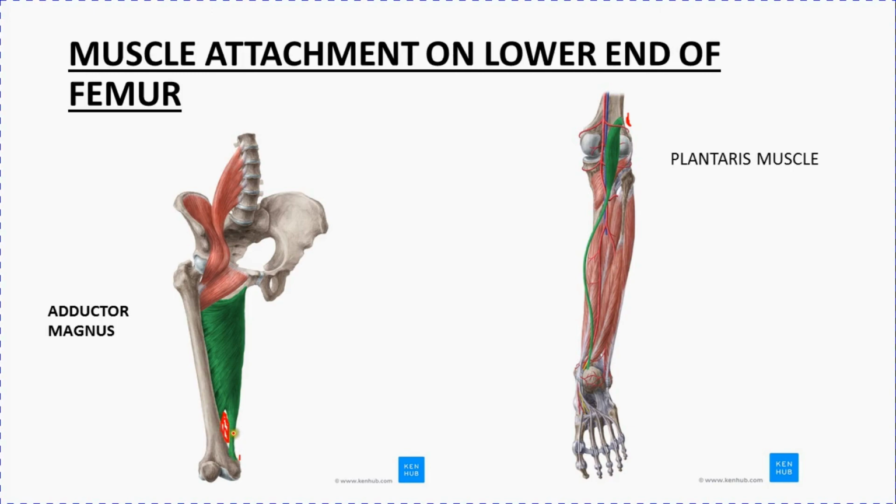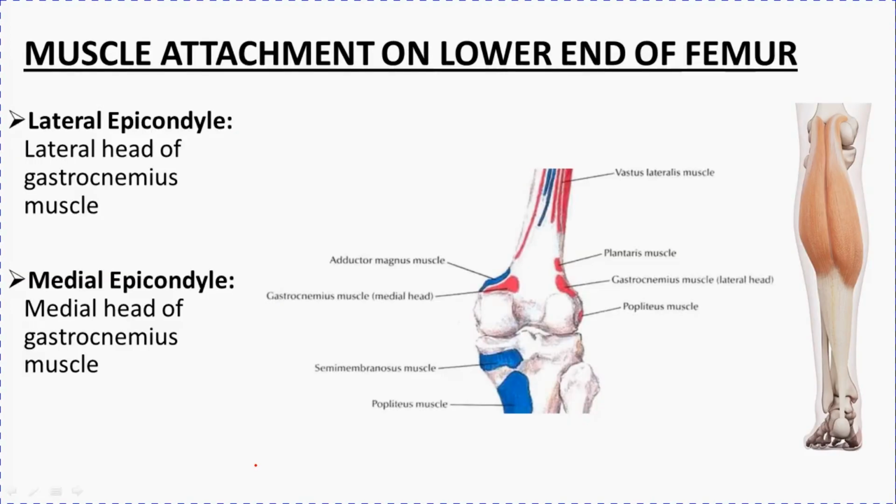So the tendon of the adductor magnus muscle is attached on the adductor tubercle. The lateral epicondyle gives attachment to the lateral head of gastrocnemius muscle. Now you can see over here, this is the lateral epicondyle. It is giving attachment to the lateral head of gastrocnemius muscle.